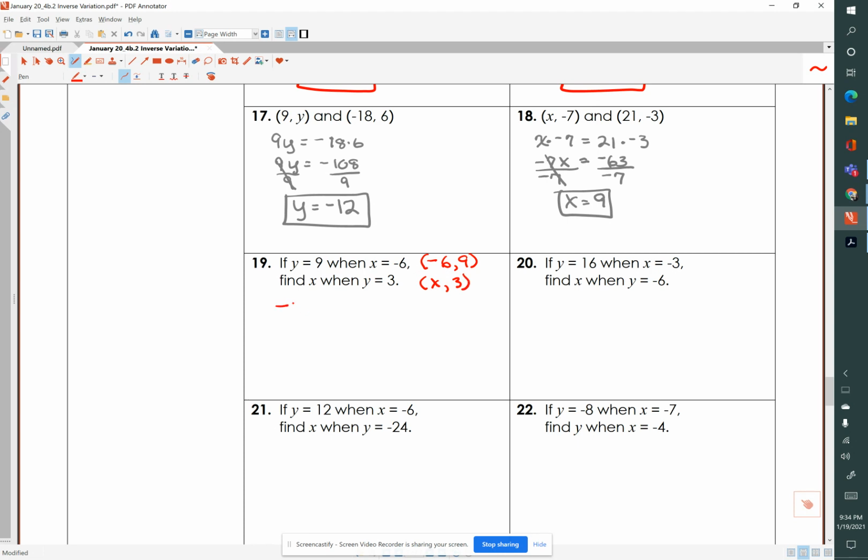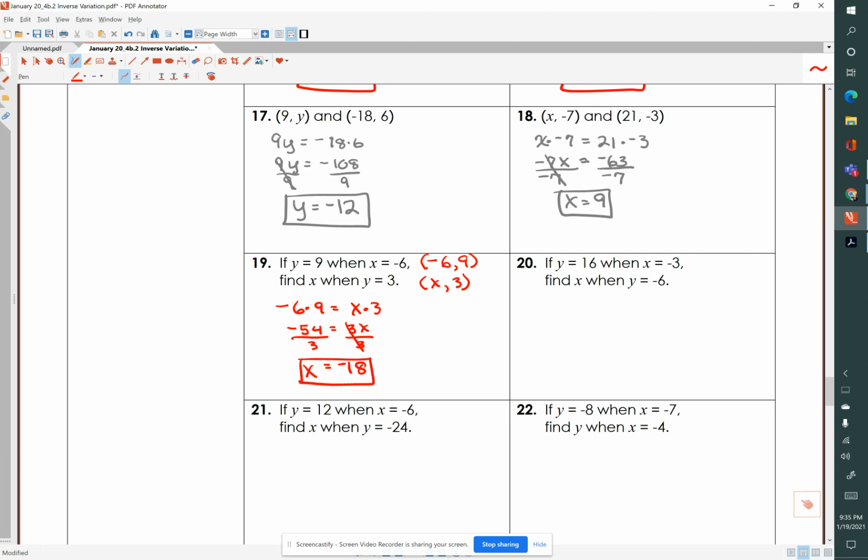So negative 6 times 9 equals x times 3. So negative 6 times 9 is negative 54 equals 3x. Divide both sides by 3. And x equals negative 18.